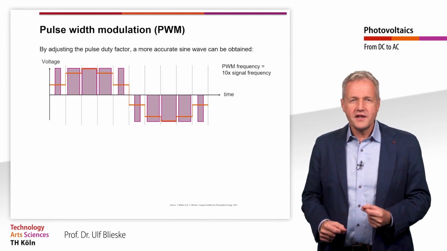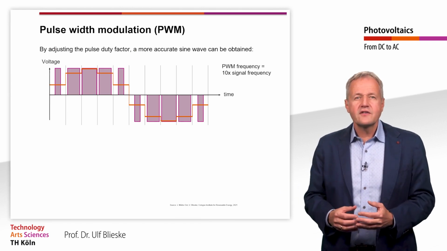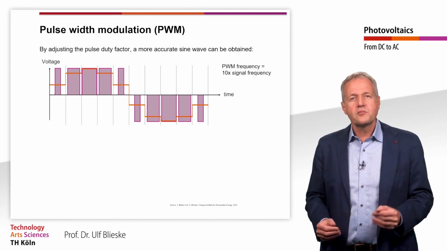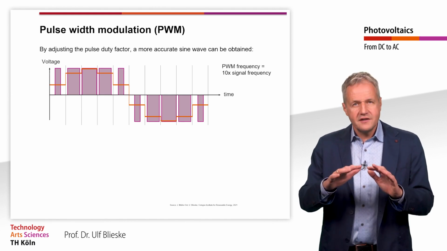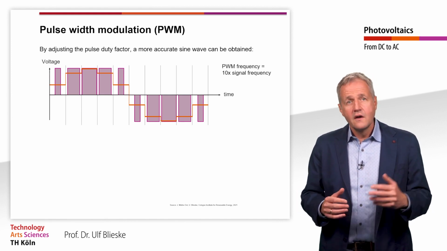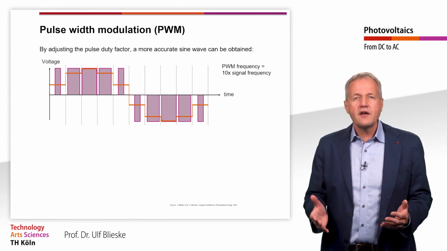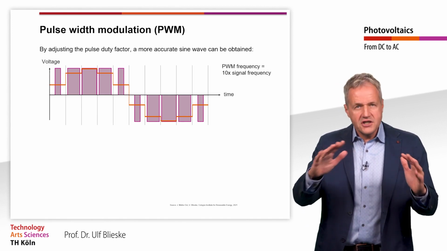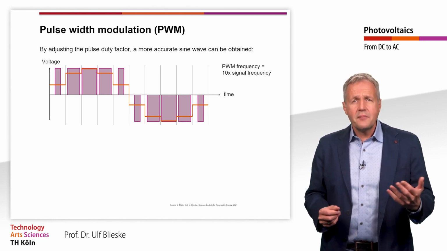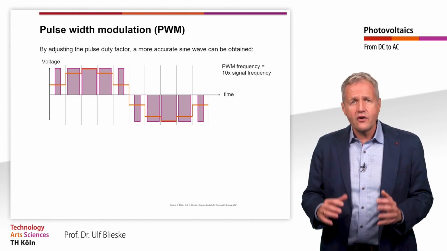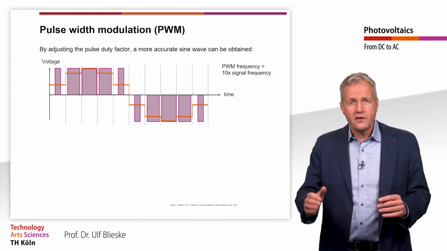In the case shown here, the switching frequency, that is the number of pulses per second, is 10 times the frequency of the desired output signal. One period of the sine wave signal is made up of 10 individual pulses. The duty cycle is adapted so that voltage and current follow the sine wave.